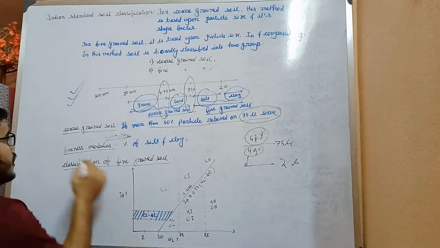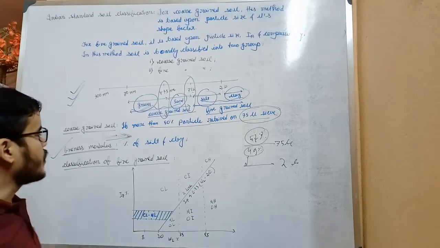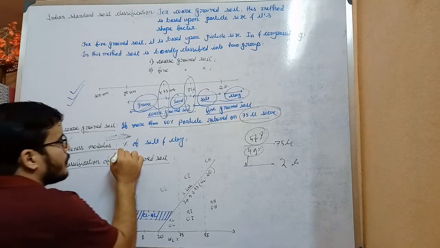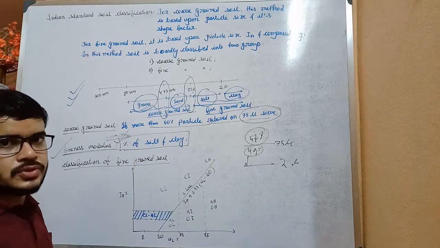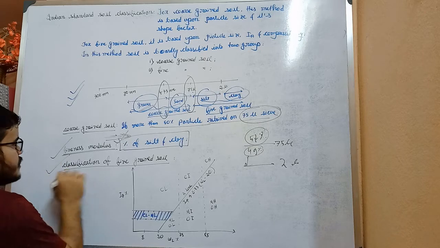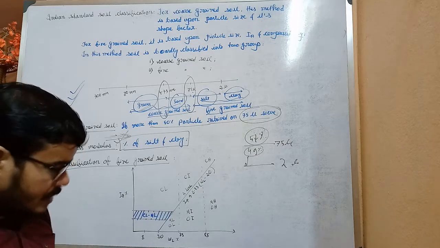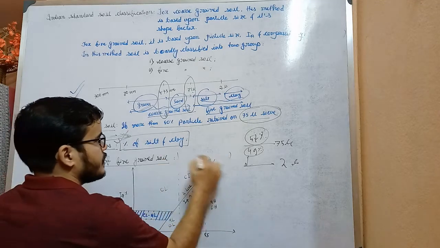Okay, and now fineness modulus, as I have discussed earlier about this. Okay, fineness modulus means percentage of silt and clay present in the soil. Okay, and now classification of fine grained soil. Before learning this graph, write a definition here.